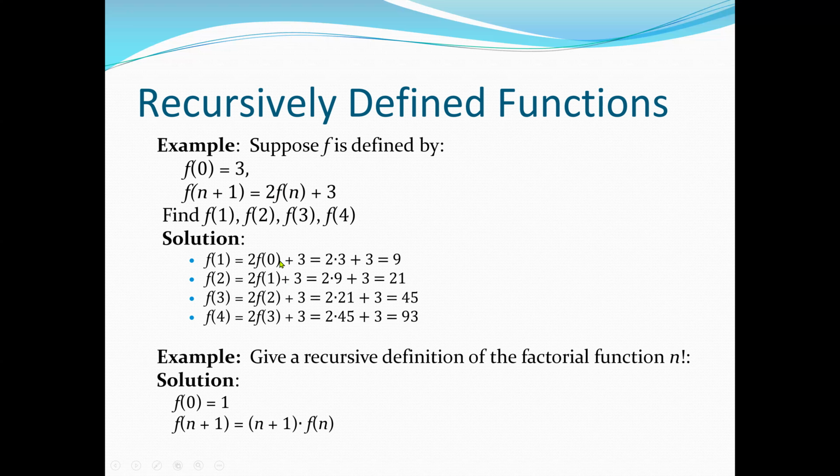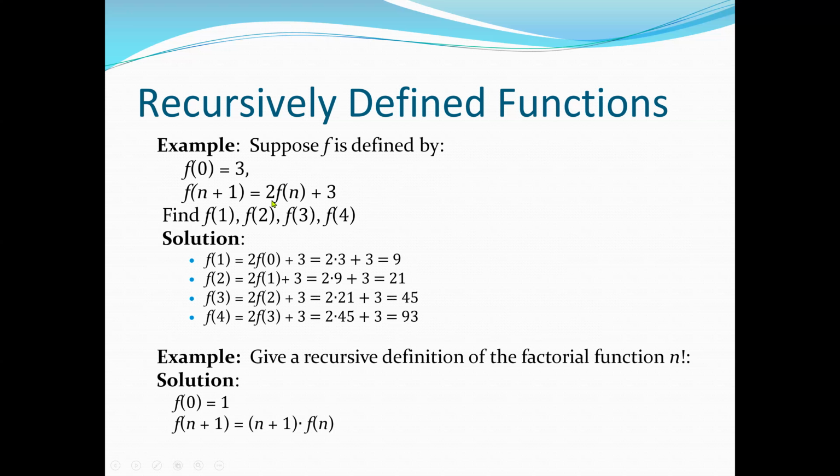So this is the concept of recursion, because you can see we are using the previous value to get the next value, adding the same 3 to the previous value, but every round we have to double the function value because the formula is 2f(n). If it's only f(n+1) equal to f(n) plus 3, then it just means that we add 3 to the previous value, we get the next value.